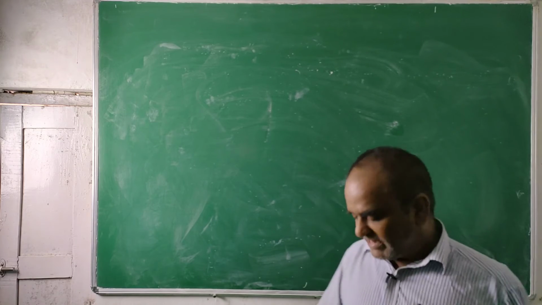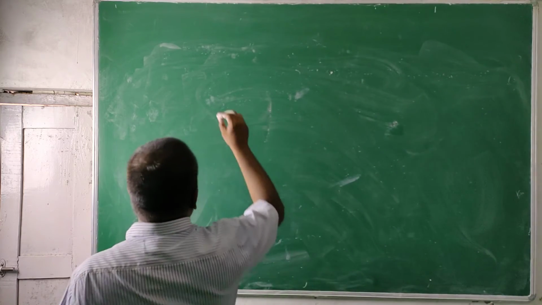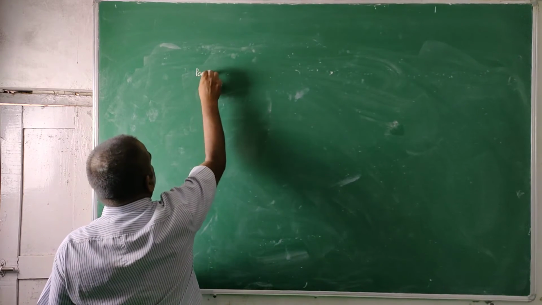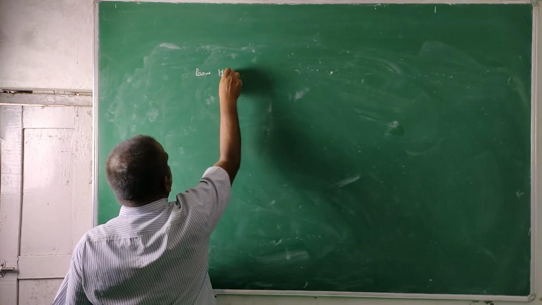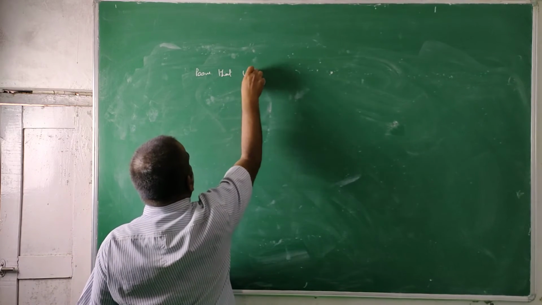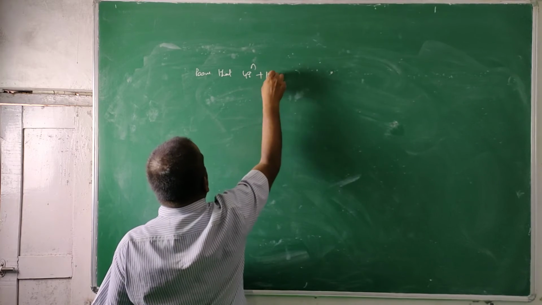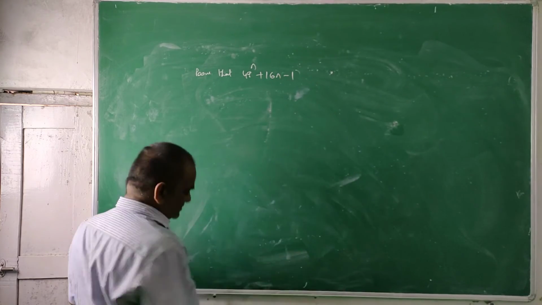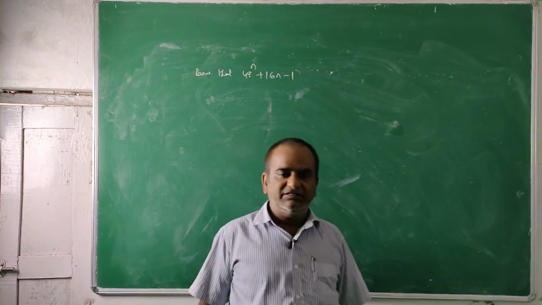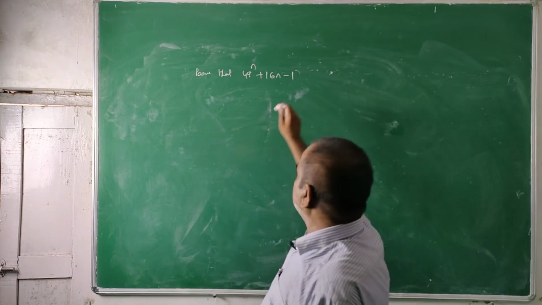So now I am taking numbers. So prove that 49 to the power of n plus 16n minus 1 is divisible by 64 for all n belongs to n.